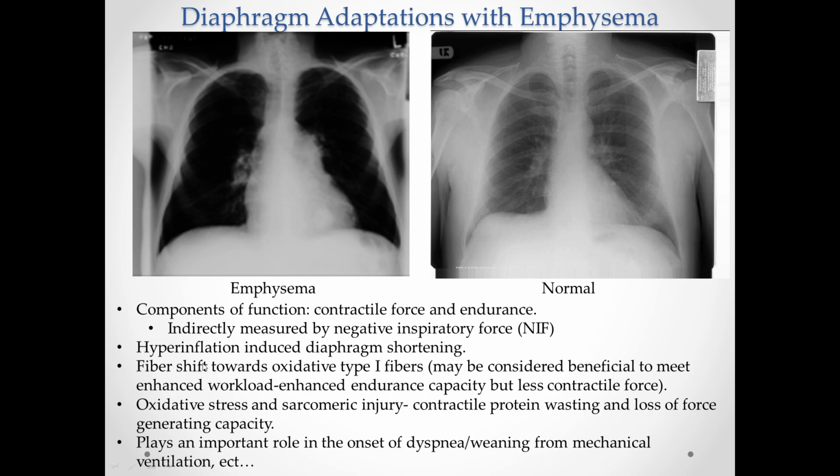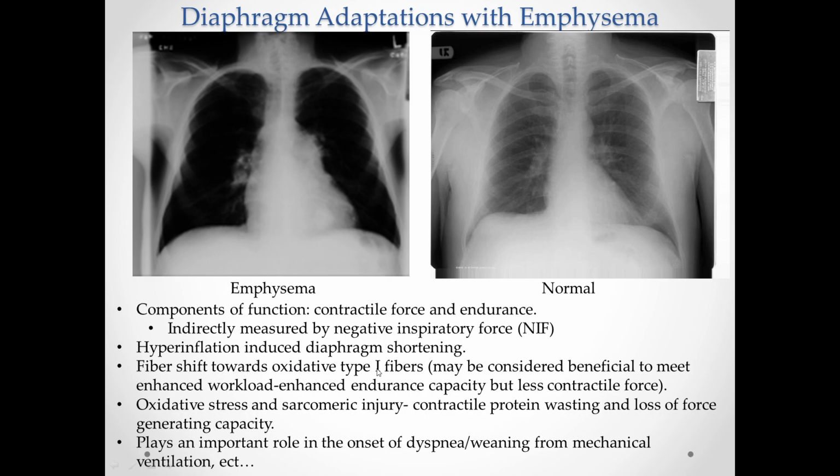There's also a fiber shift to type 1 oxidative fibers, which might be considered beneficial to meet the workload and enhanced endurance capacity, but they have less contractile force. So these are kind of similar to a marathon long distance runner.